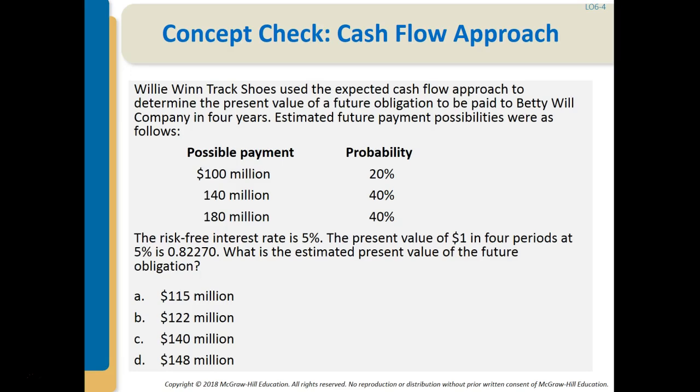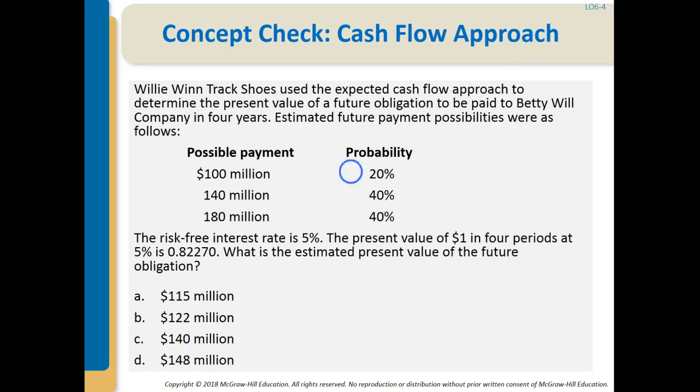A possible payment of $140 million had a 40% probability. And a possible payment of $180 million had a 40% probability. The risk-free interest rate is 5%. The present value of $1 in 4 periods at 5% is 0.82270. What is the estimated present value of the future obligation?